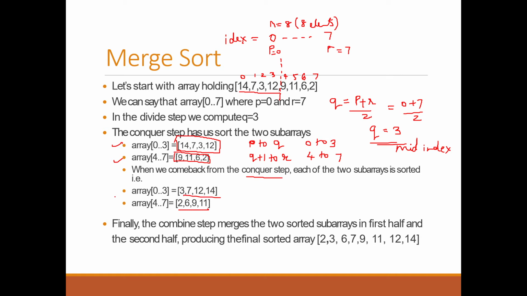So we have two sorted sub arrays, and finally these two are merged into a final sorted array. Whenever we are merging the two sub arrays, we again apply the sorting algorithm so that the final result is also sorted. So this is the idea behind dividing and conquering.